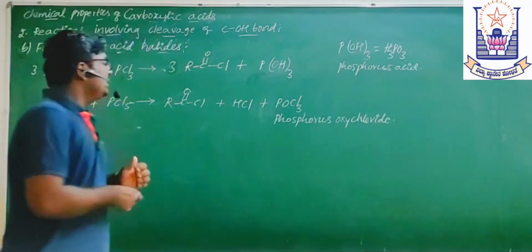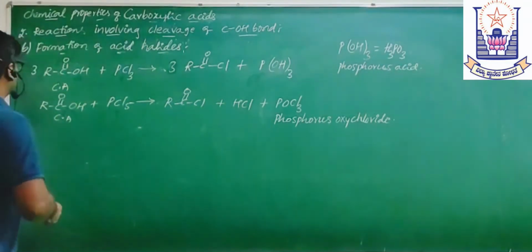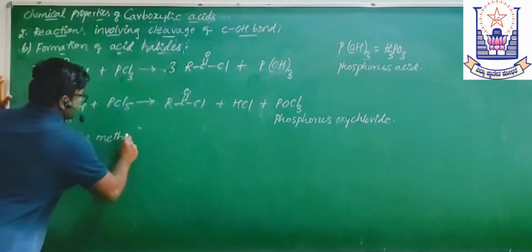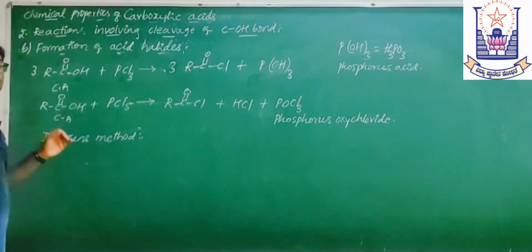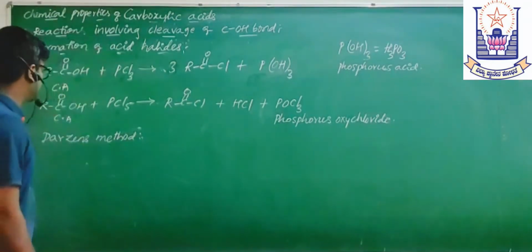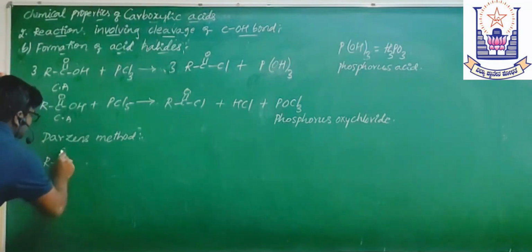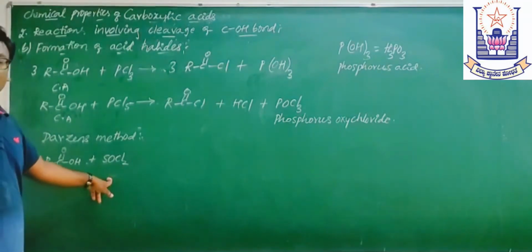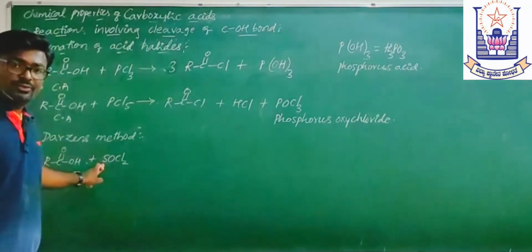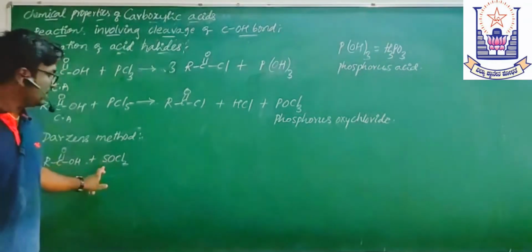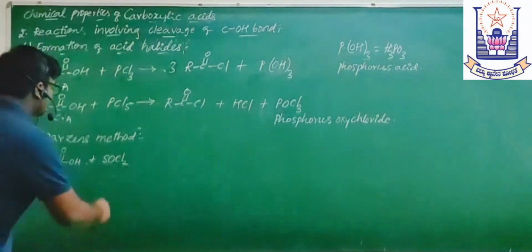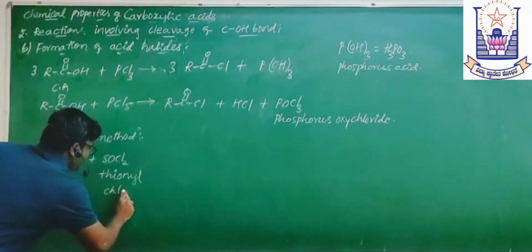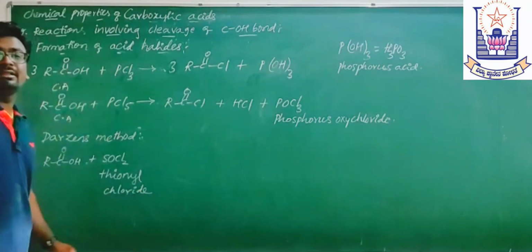Okay. We have another method called as Darzens' method, where you are going to use the thionyl chloride. Take the carboxylic acid and treat with SOCl2. What is this SOCl2 called? Sulfurous oxychloride, or simply thionyl chloride.